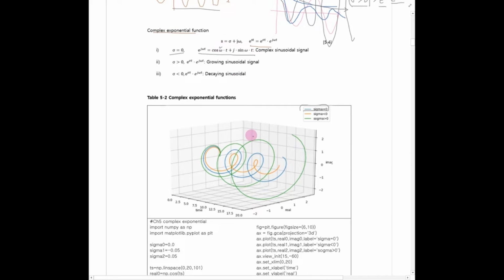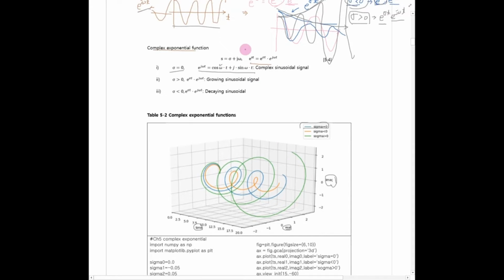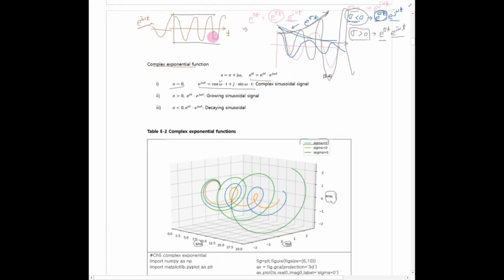The y-axis is the imaginary part, this axis is real, and this one is time. So over time, I plotted the real part and imaginary part of the complex exponential. The blue one follows this curve. It's helical, but the helical size doesn't change. It's a steady state, that is, the amplitude doesn't change over time.